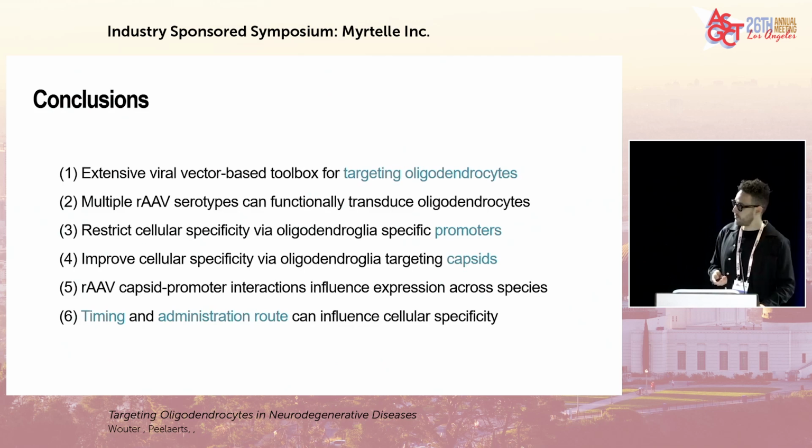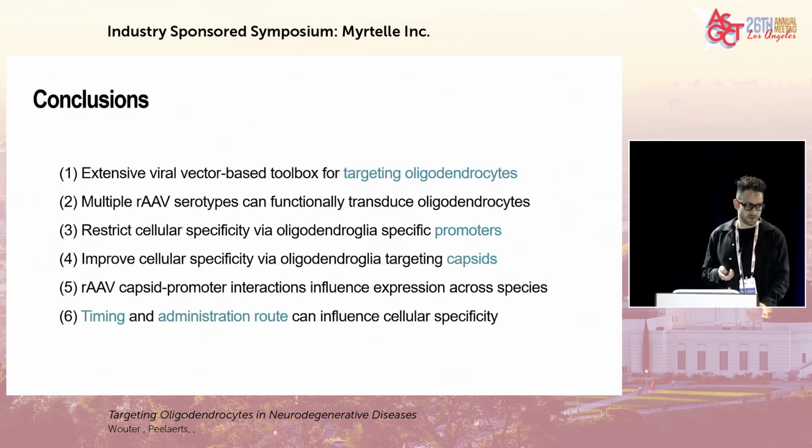All right, and just to wrap that up, I think what this shows is there's an extensive toolbox available, depending on your scientific question or your therapeutic strategy, that can be used to target oligos in vivo. There are multiple serotypes that can give functional transduction in oligos, and you can try to restrict expression through using cell type specific promoters, or using targeting capsids, such as the OLIG-01, that can specifically target oligodendrocytes to get more robust expression.